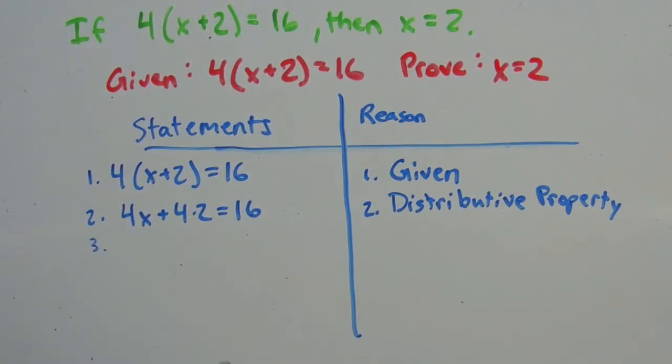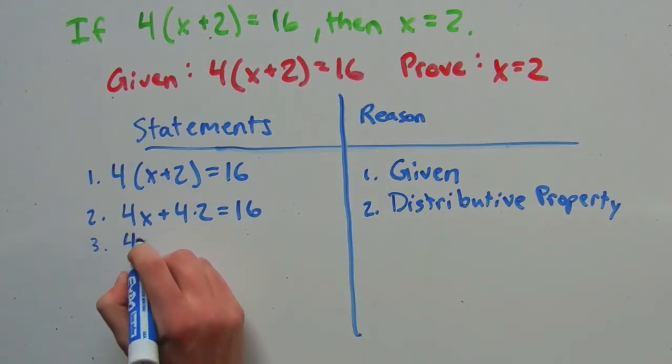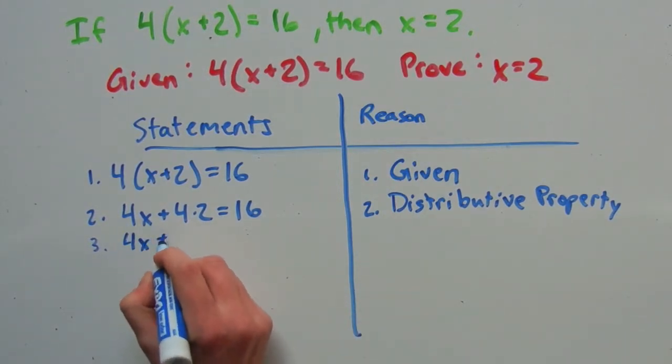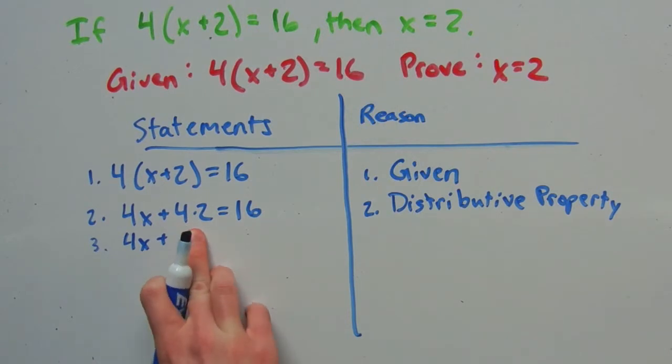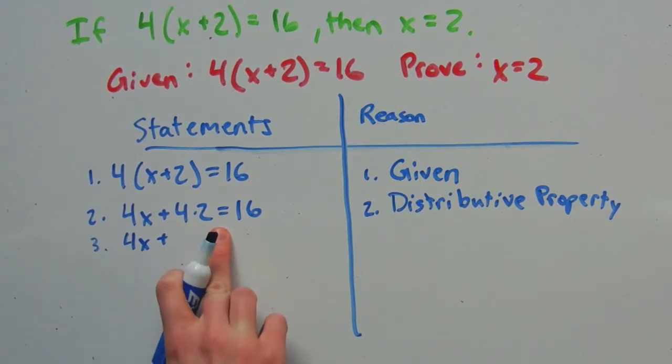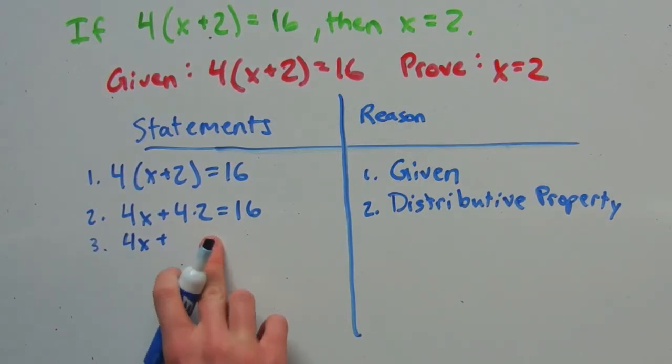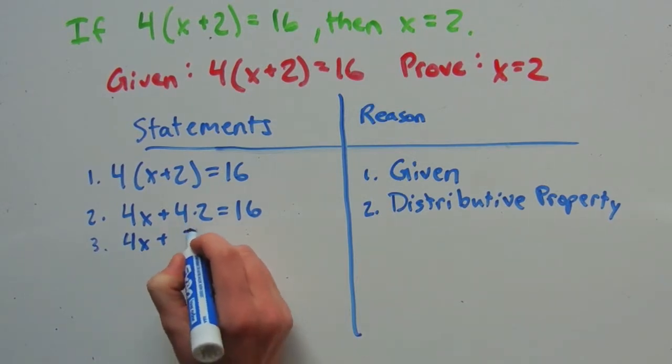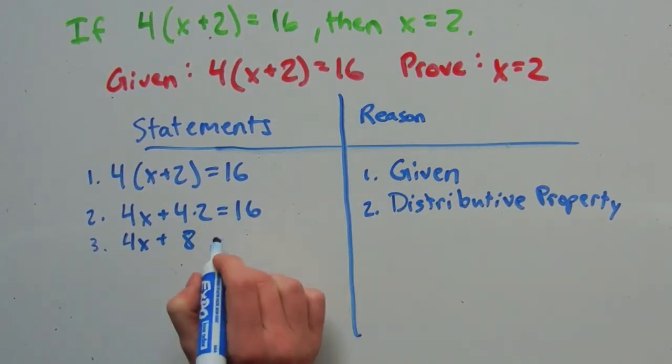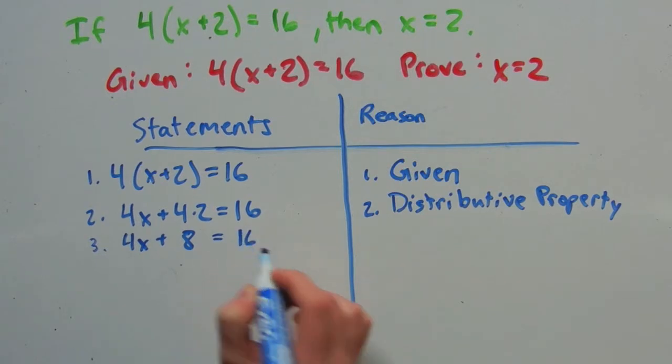And our next step, we're going to simplify this or use substitution. So we have 4x plus, and we're going to simplify this part right here. 4 times 2 is the same thing as 8. So the number 8, because that's what 4 times 2 is equal to, and then equals 16.